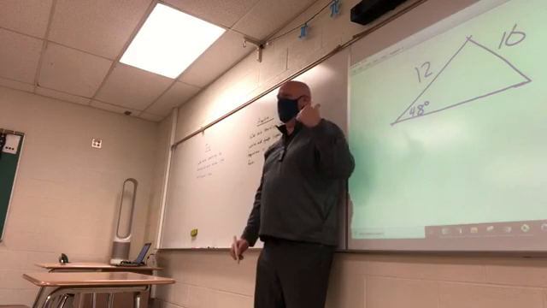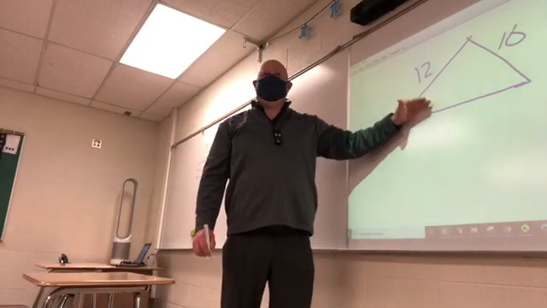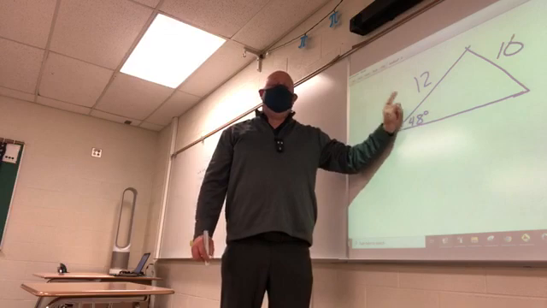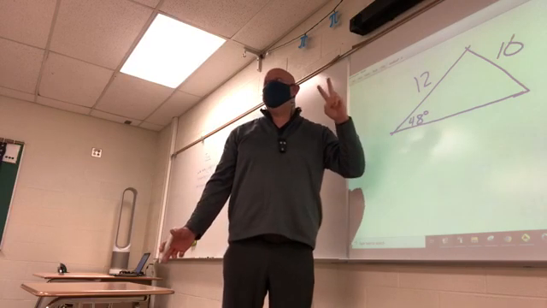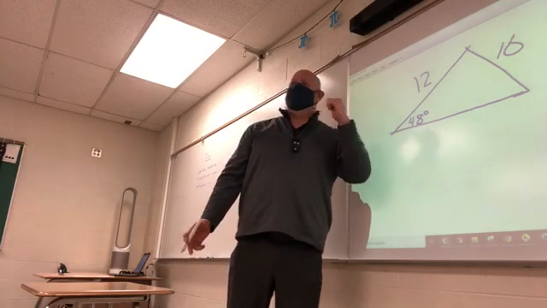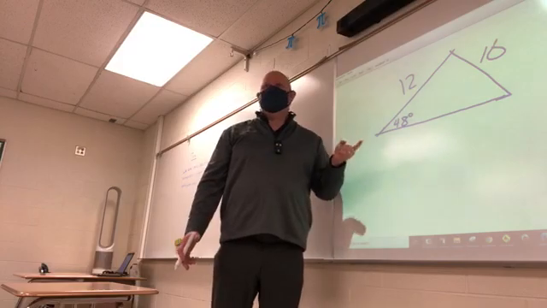This case may be totally impossible to build. It might be physically impossible to build a triangle with these 3 measurements in this location. It might be possible to build a triangle like this. It actually might be possible to build 2 triangles that are totally different triangles, but have the same 3 measurements in those 3 locations.